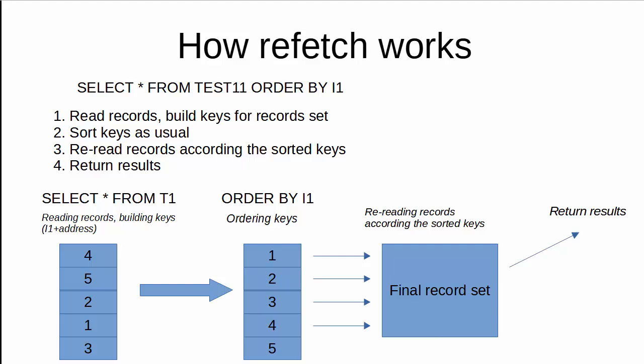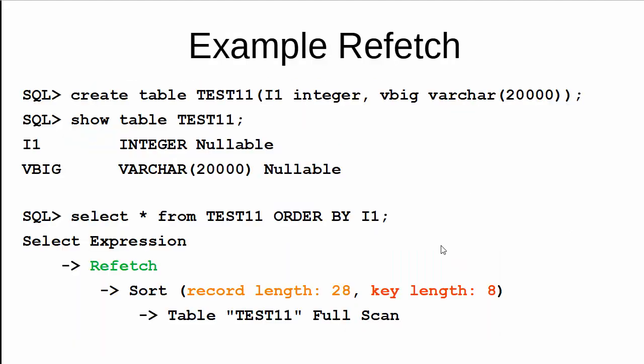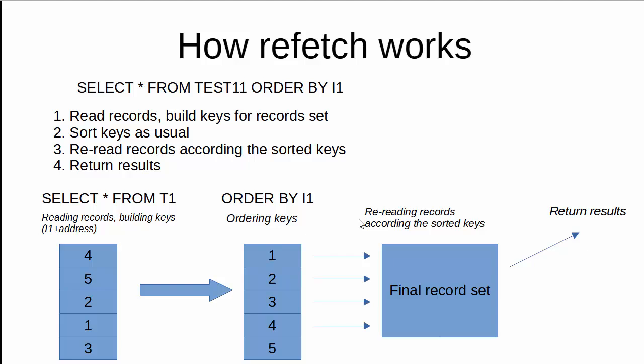You can notice in the explanation that key length is 8 bytes, but the record length to sort is still 28 bytes, because anyway we need to have pointers to all the records which are in the select clause. So after ordering, it is pretty quick because the record set is much smaller in terms of memory, and it will fit into the temp cache limit.